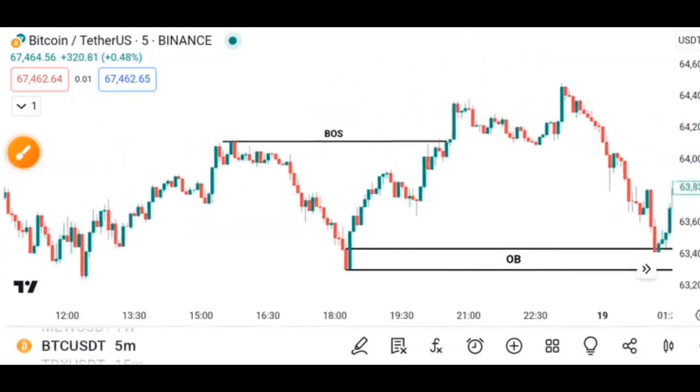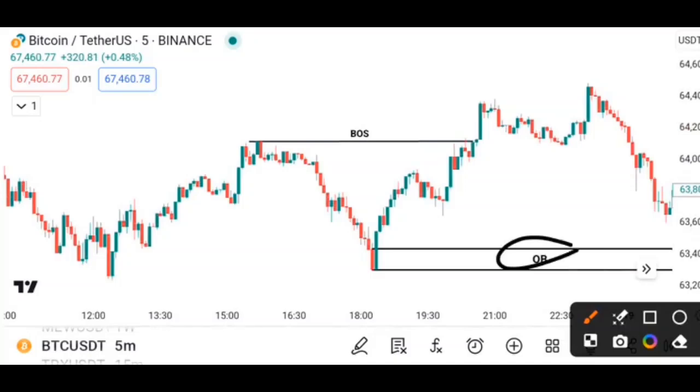Now what makes this order block valid is first a break of structure, then you have your order block, then you need to spot another movement, another internal structure inside your order block. That's what we call a liquidity grab or liquidity sweep.